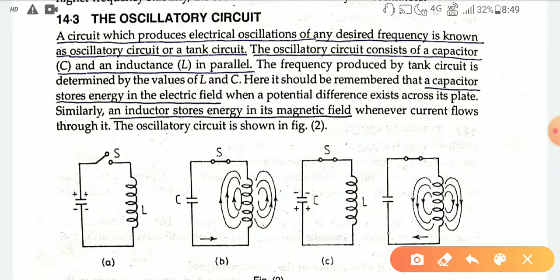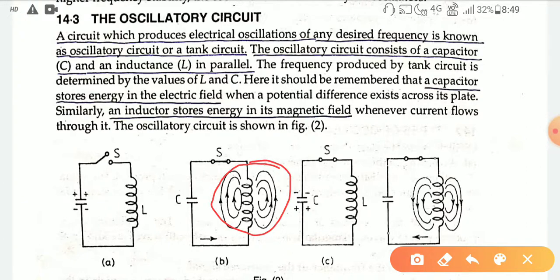So the maximum current will occur when the capacitor is fully discharged. When it is fully discharged, the total electric field will be converted into a magnetic field at the inductor.